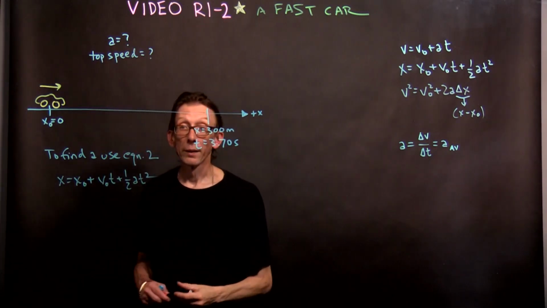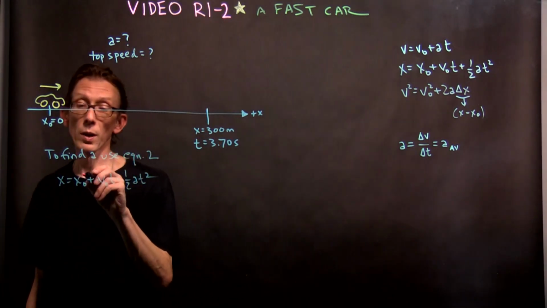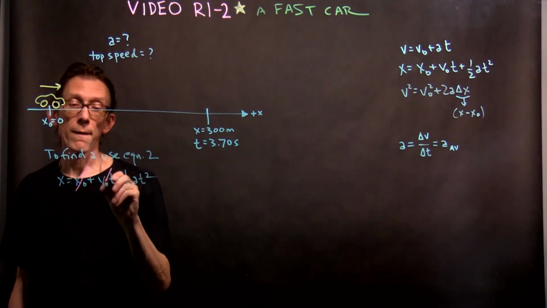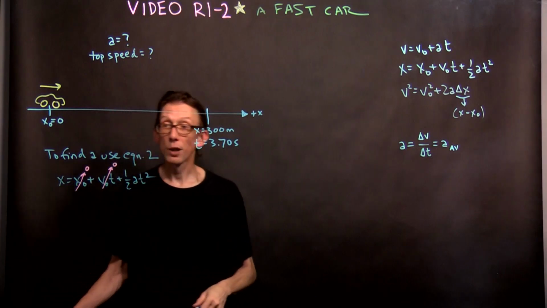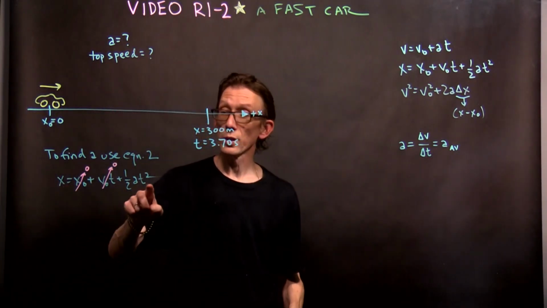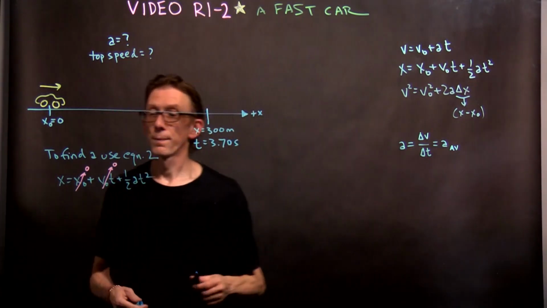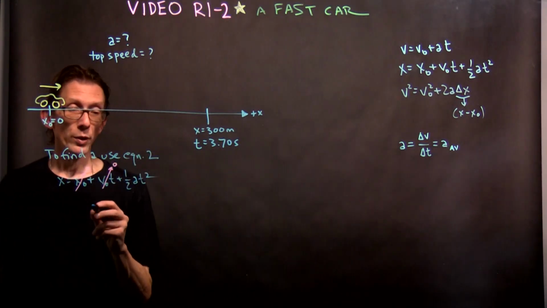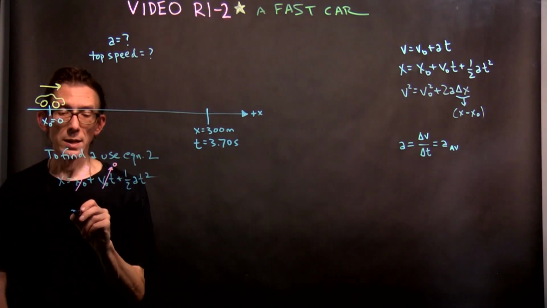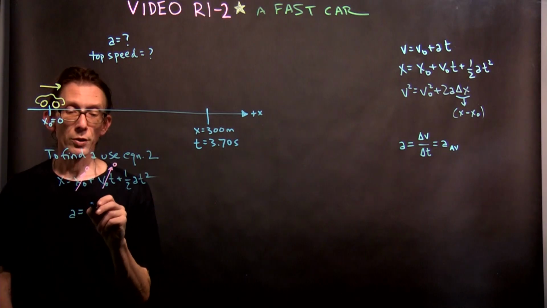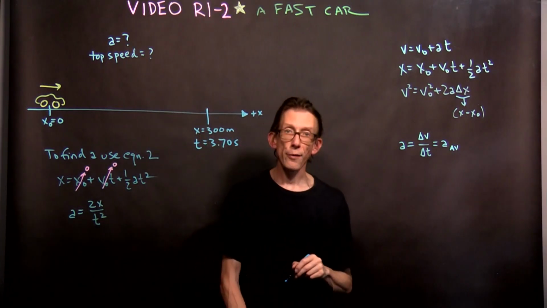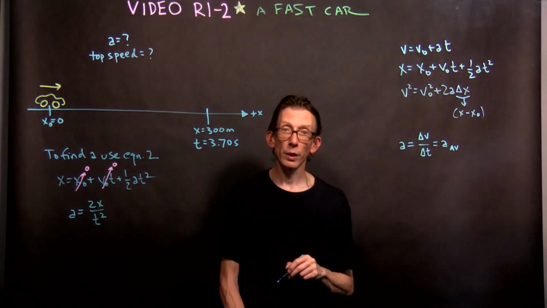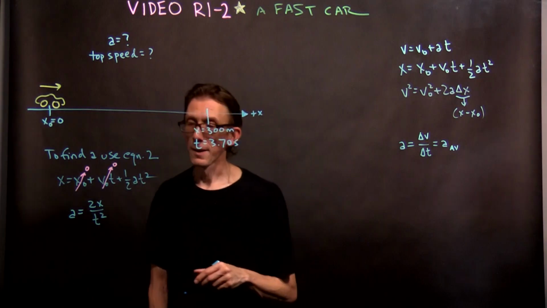Notice that x naught goes away, x naught is 0, v naught goes away, v naught is 0, and we can use this to solve for a because we know the final x is 300, we know the time is 3.7. So we'll get a equals 2x over t squared. We know everything but the thing we're looking for, which is a.